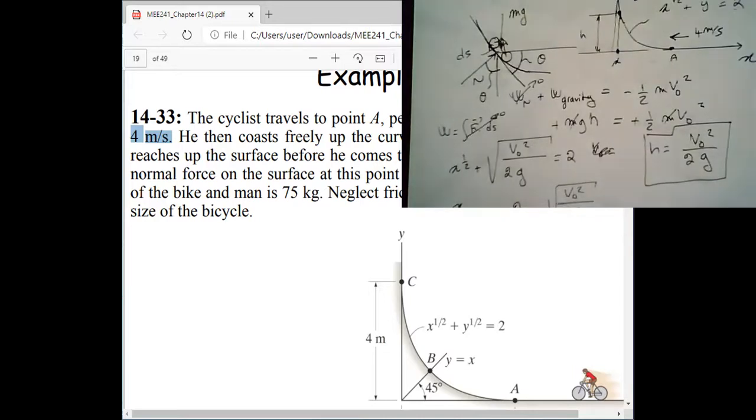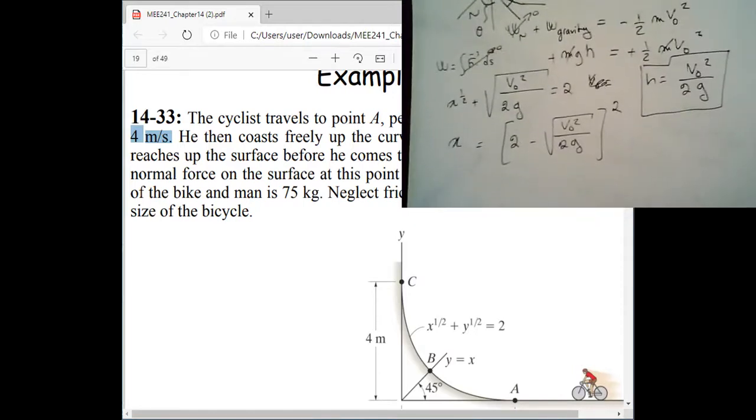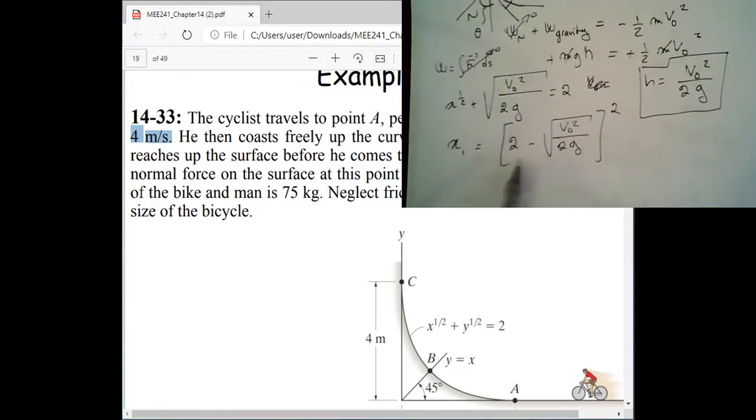So this is x^(1/2). So I'm gonna actually square this whole thing up. And there we go. Okay, so this is x, and I'm gonna actually call this point x1. Not gonna do the actual computation, but I'll let you guys do this. So there's no problem here. So this is simply square root of v0 squared, so we can actually find x.